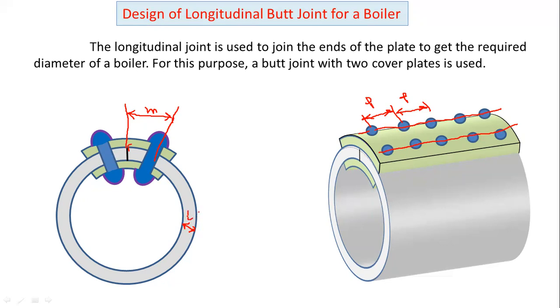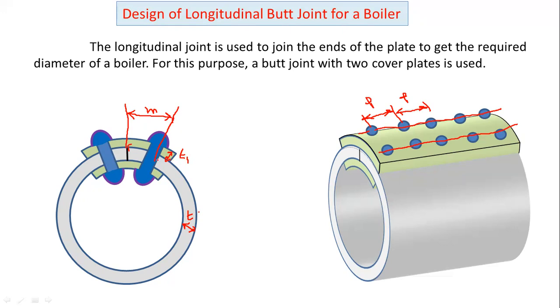First you have to select a suitable thickness of a boiler shell, t. These are the butt straps or cover plates, thickness of cover plate, denoted by symbol T1. T1 is the thickness of the butt strap, this is the thickness of the shell, this is the thickness of the butt strap.